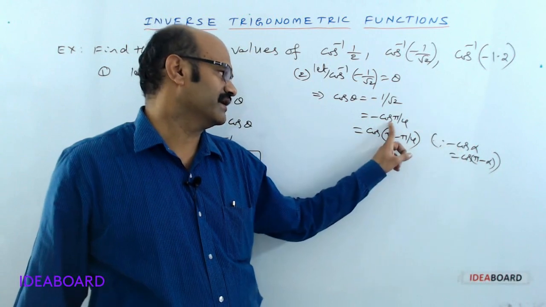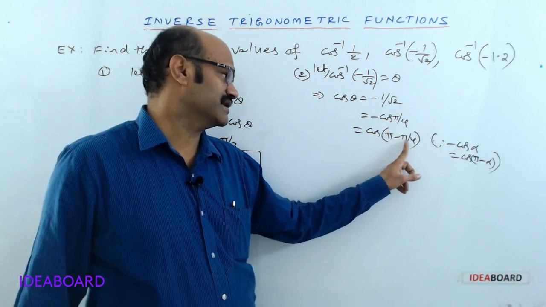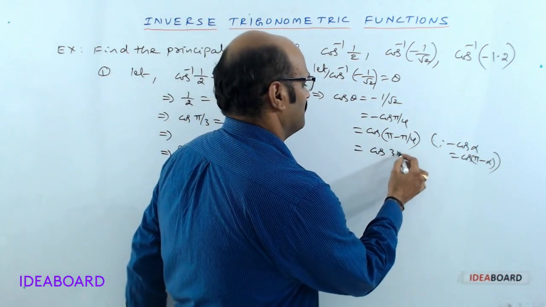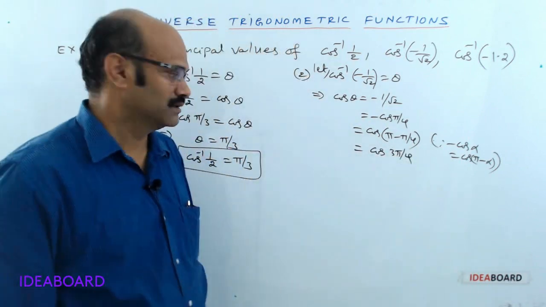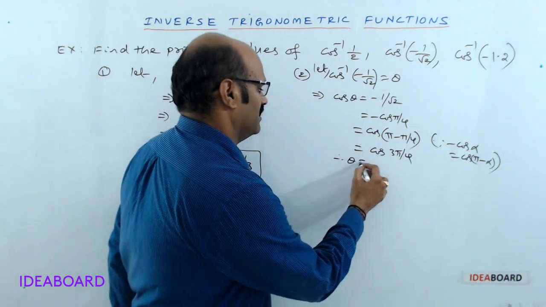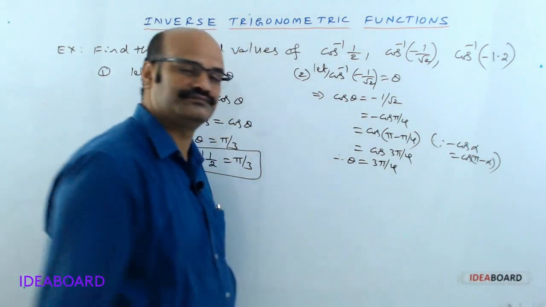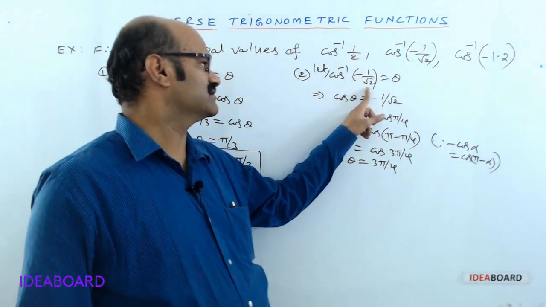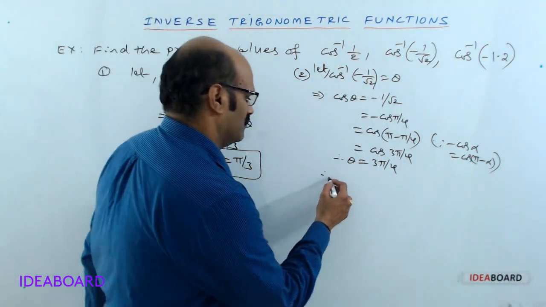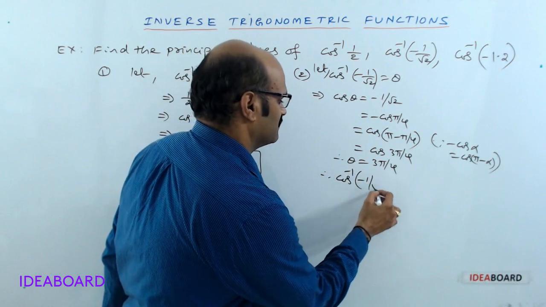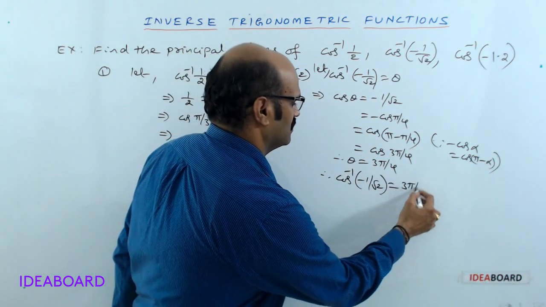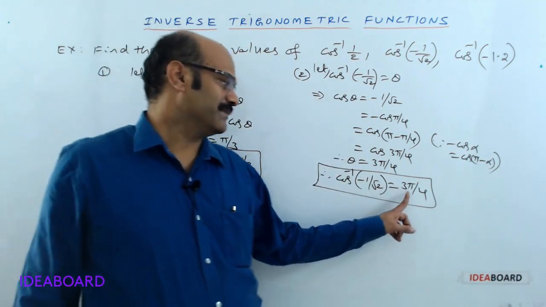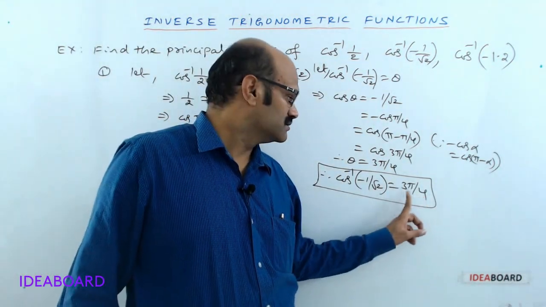From this formula we can write it as cos of 180 minus pi by 4 equal to cos 3 pi by 4. Therefore, theta equals 3 pi by 4. But here theta equals cos inverse of minus 1 by root 2. Therefore, cos inverse of minus 1 by root 2 equals 3 pi by 4. Clearly 3 pi by 4 lies between 0 and pi.